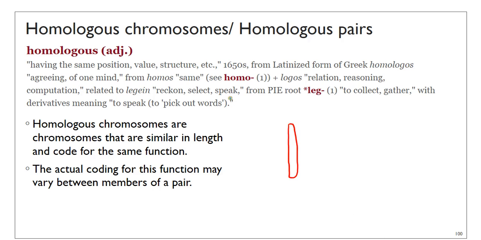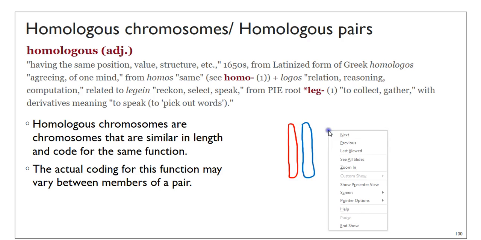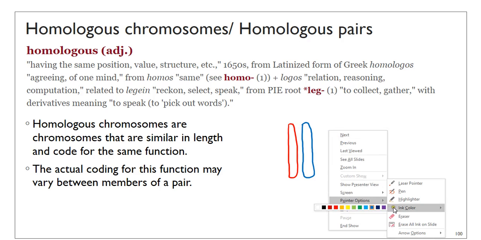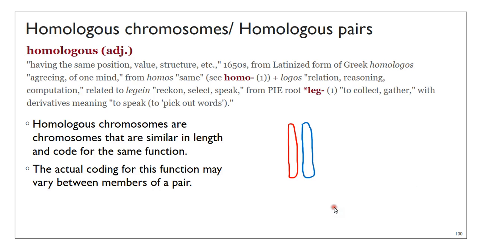So they code for the same thing. And let's say the thing that they're coding for is, what's a good thing? Let's say blood type. So we're talking about blood type, and let's say this is the bit on your mom's chromosome that codes for blood type.